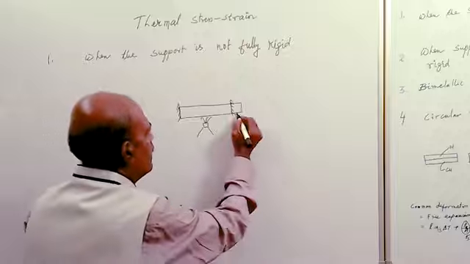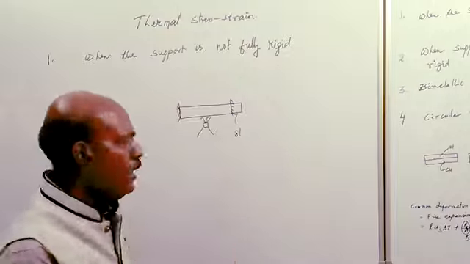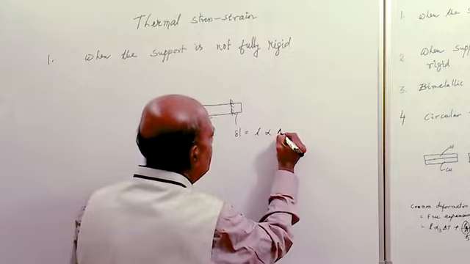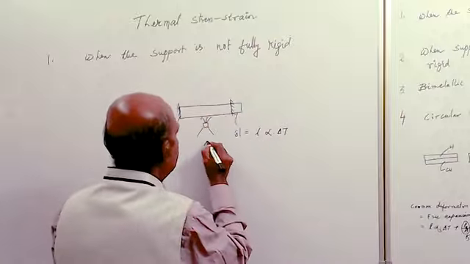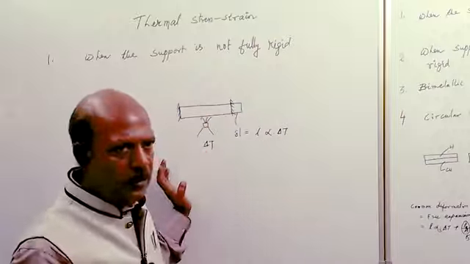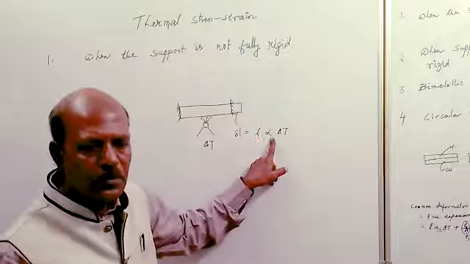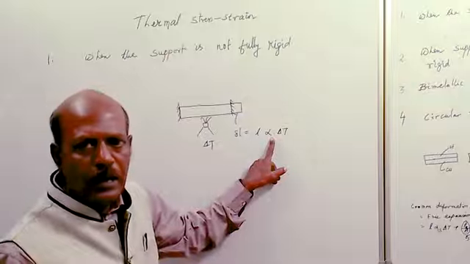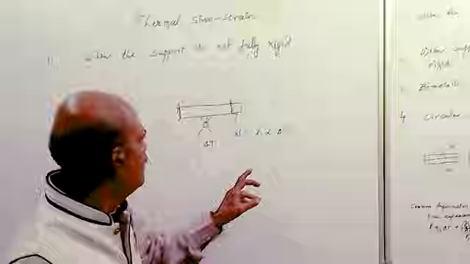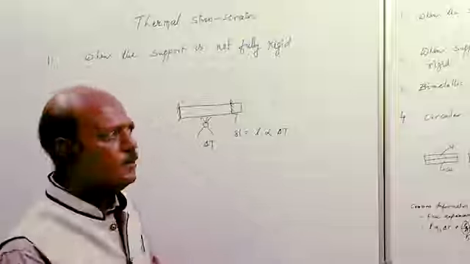That expansion, if it is given by delta L, will be equal to L into alpha into delta T. Say delta T is the temperature difference produced in the bar. L is the original length of the bar, alpha is the thermal expansion coefficient of the bar material, and delta T is the temperature difference. So the free expansion of the bar will be delta L.